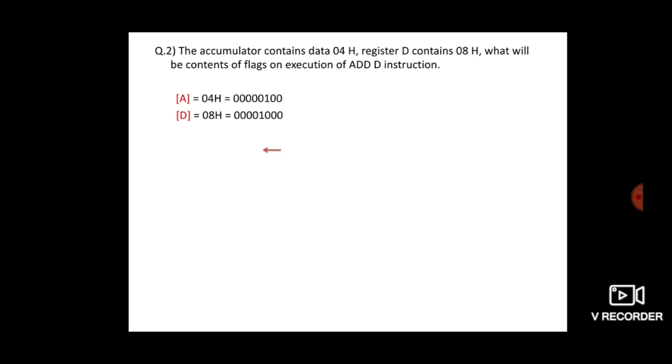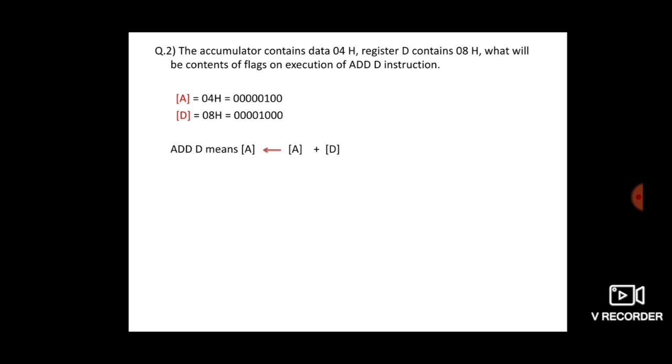The 04 hexadecimal value is 00000100. D contains 08H, which is 0000 1000. This is the value of 08H. Now ADD D means the content of the accumulator is added with the content of the D register and the result is stored in the accumulator.